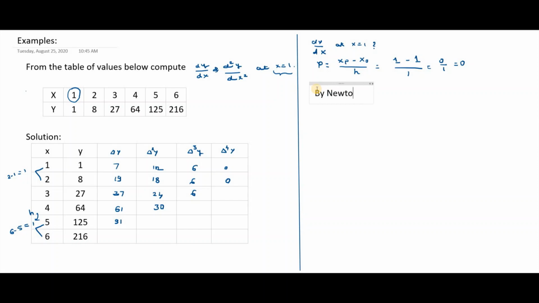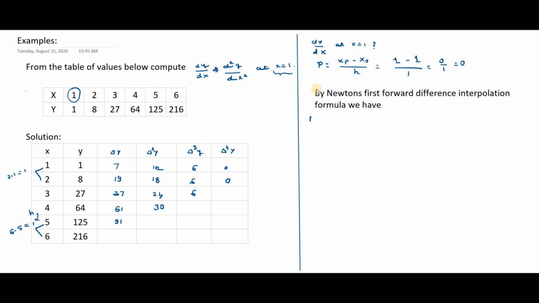Now, by Newton's first forward difference interpolation formula, we have, so I will write here Newton's forward difference formula.